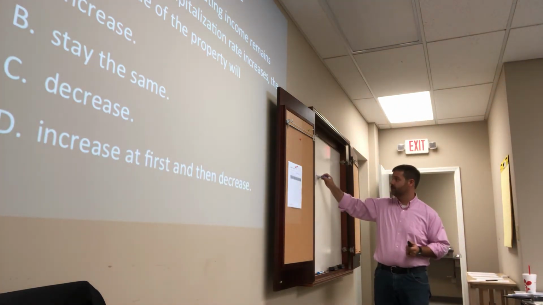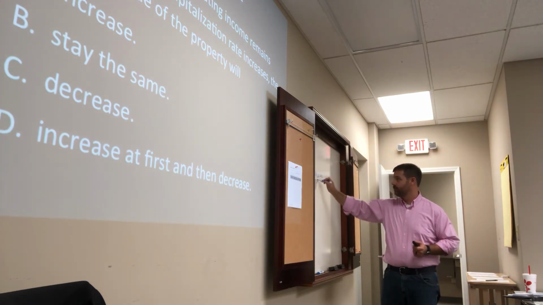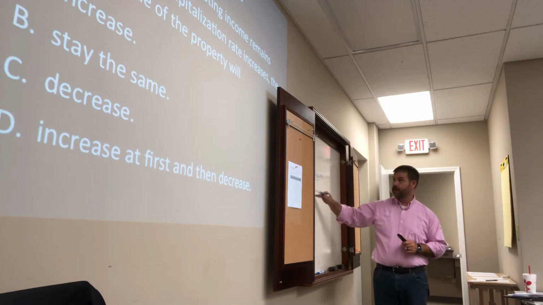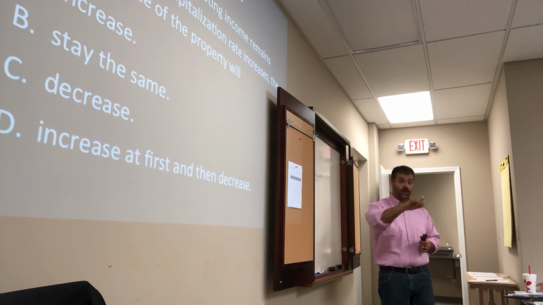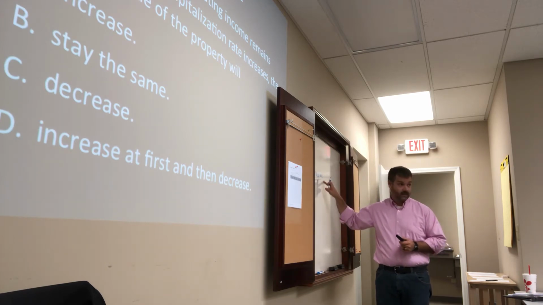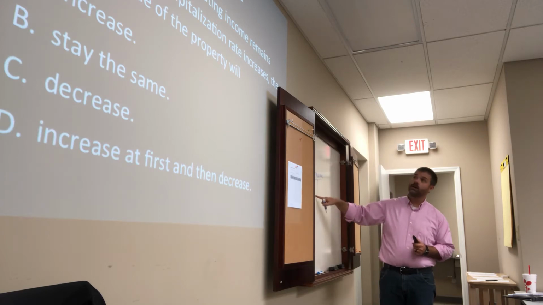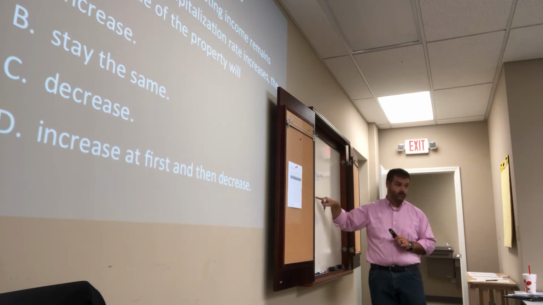So if we have $100,000 NOI, and the capitalization rate increases. Now this is going to seem counterintuitive, so hang tight, okay? NOI stays the same. Let's say it's a 10% cap. So what's $100,000 divided by 10%?